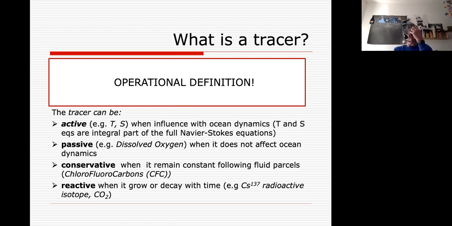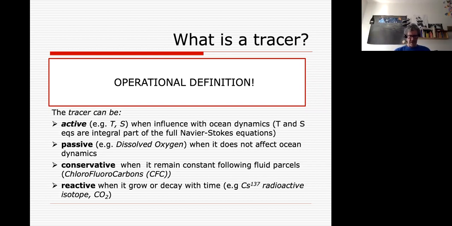So we cannot have a realistic description of the ocean without T and S. T and S are the typical active tracers considered in the ocean. But also, T and S are the simplest way to characterize the water masses, and TS diagrams are commonly used to define the water mass characterization of certain areas.